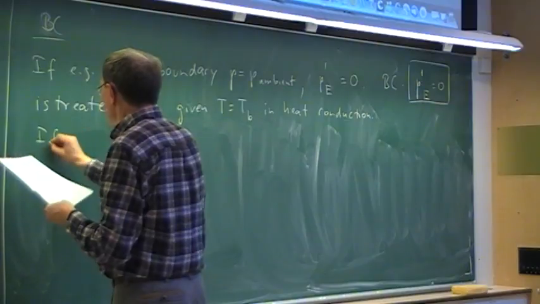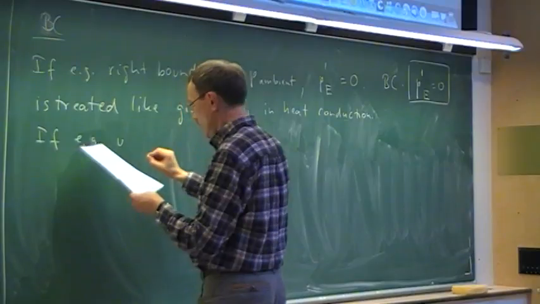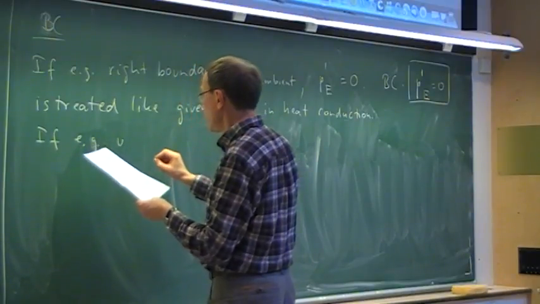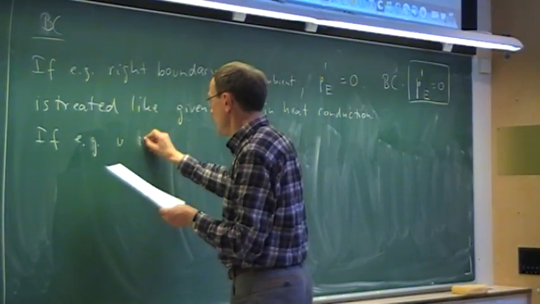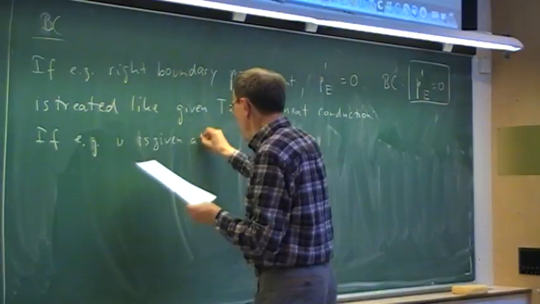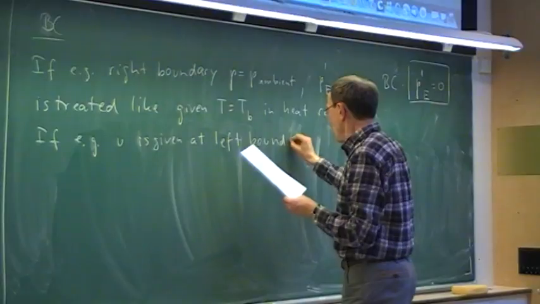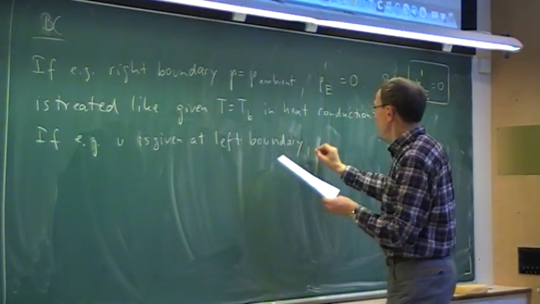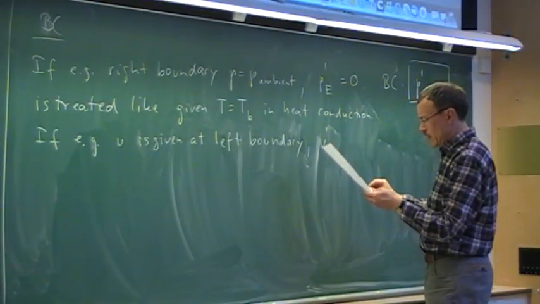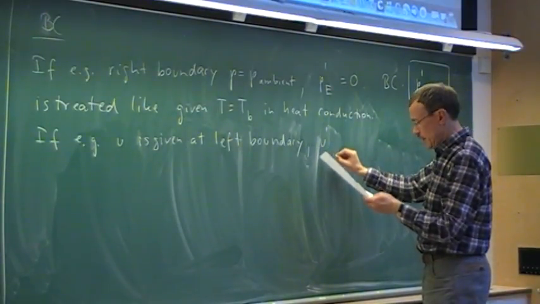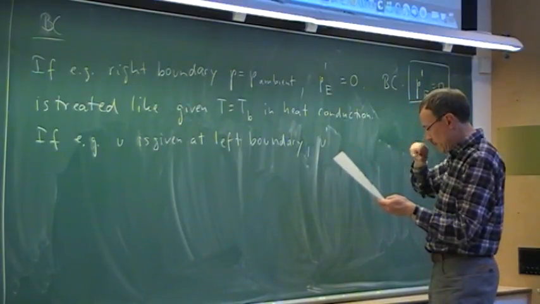And if, for example, the boundary condition at the left boundary is that the u velocity is given, then the u prime at w is 0.